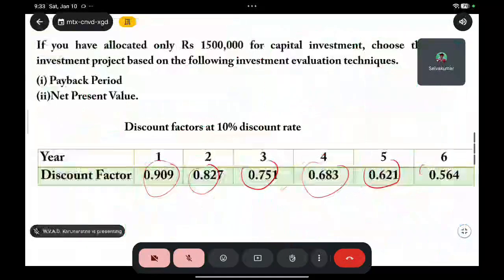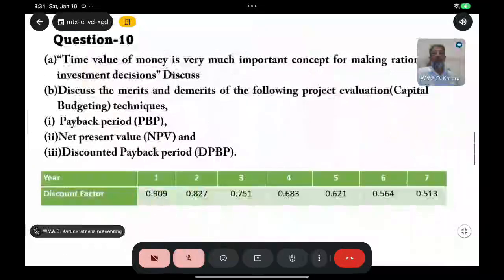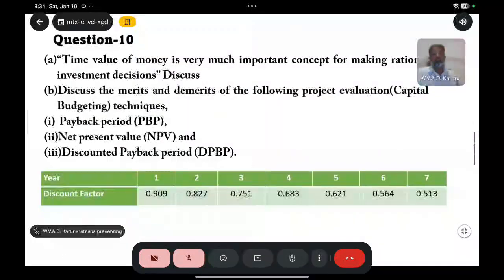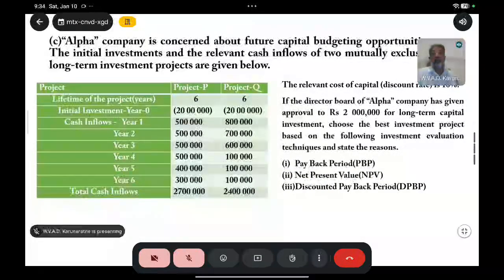Okay, sir. Then you should be able to select the relevant present value factors. There are a number of examples here, so you can practice before coming into the examination.